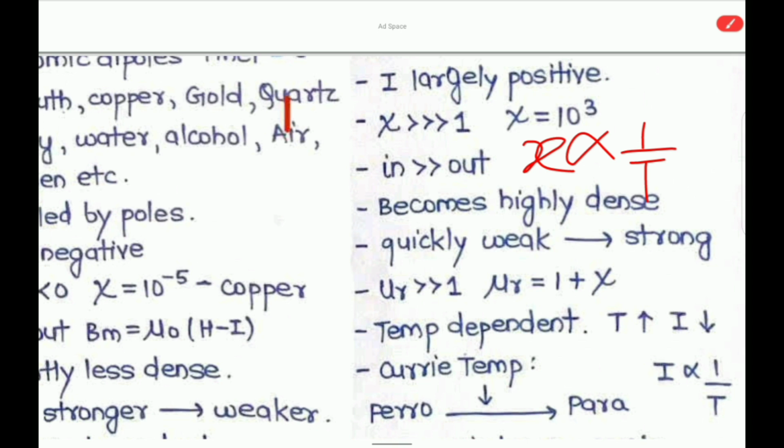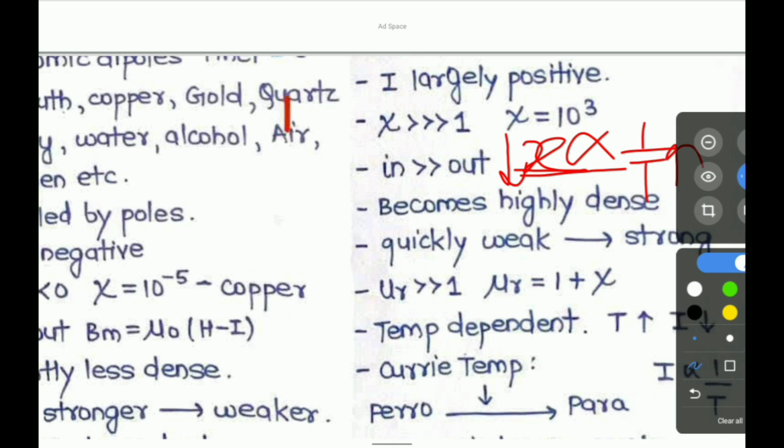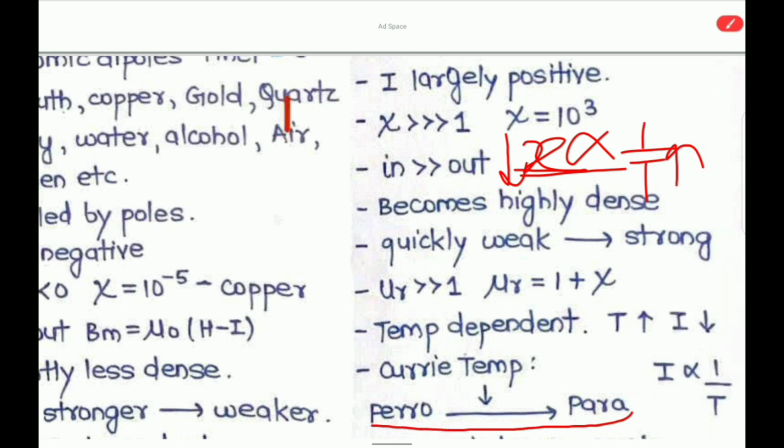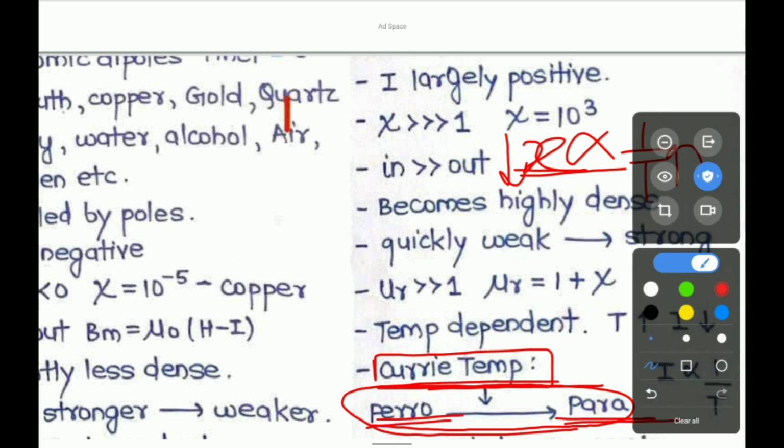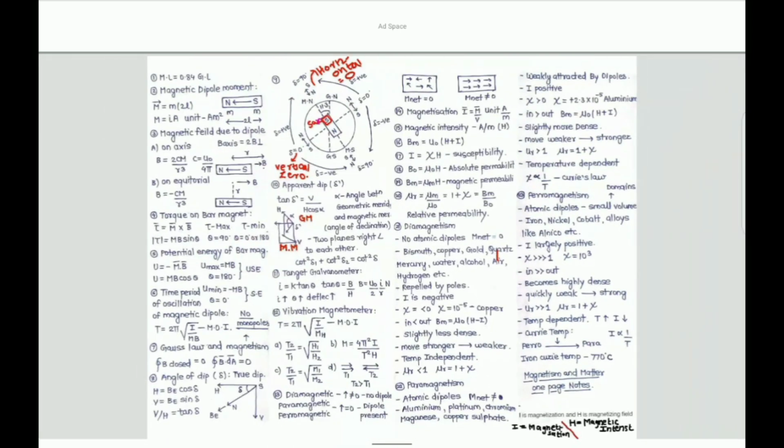When susceptibility decreases, ferromagnetic substances become paramagnetic substances. Curie's temperature is the temperature at which ferromagnetic substances become paramagnetic.